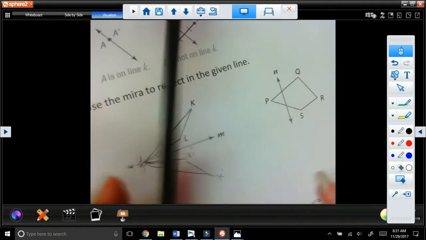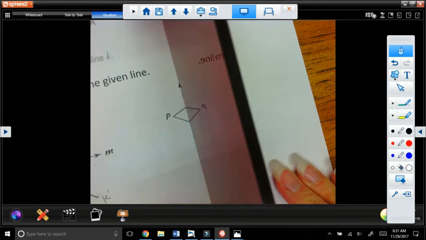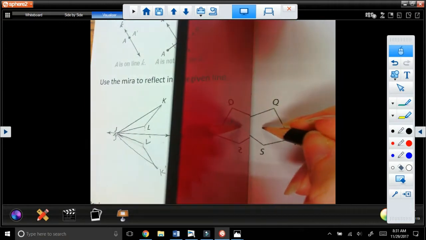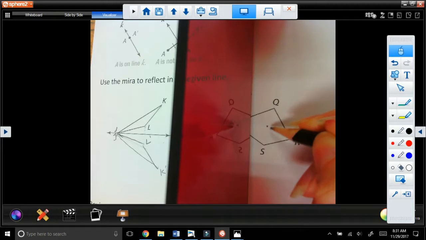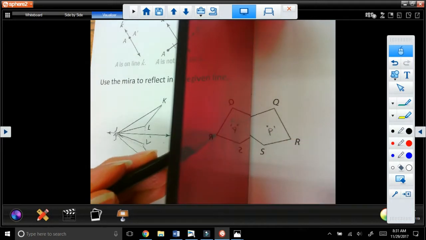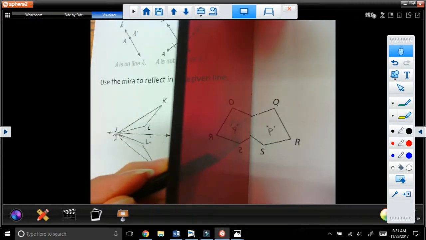Okay, for this next one, when you have points on either side of the line, your reflection, you're actually going to have some on each side. So I'm going to have point P prime come over here to this side, and then I'm going to have all of those other points over here on the other side of that line.